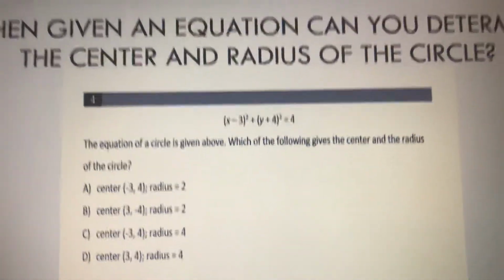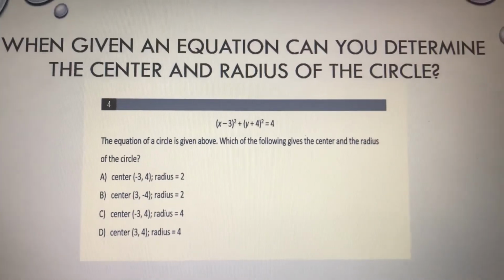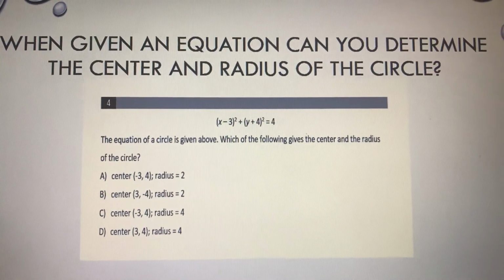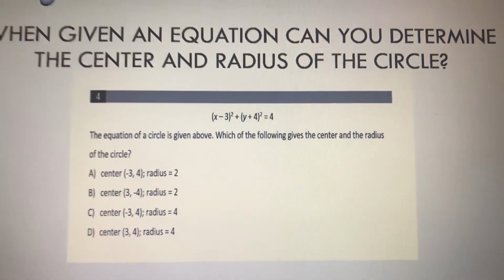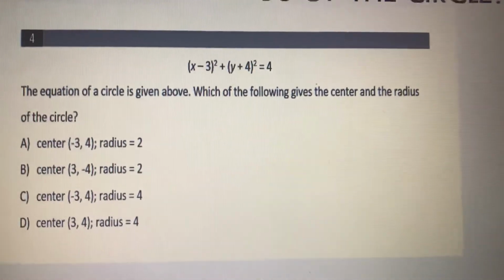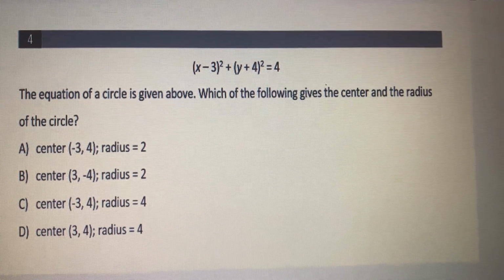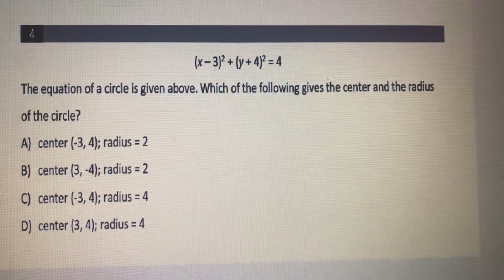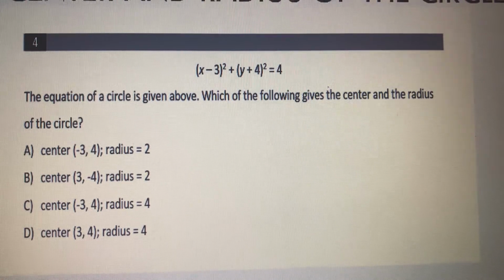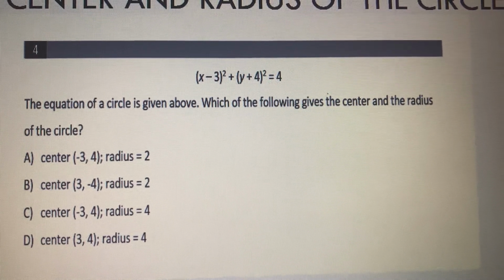All right, here's another example. When given an equation of a circle, can you determine the center and radius from that circle? This one here: (x - 3)² + (y + 4)² = 4. Let's look at the h and k first. You have a negative 3 at the top and a positive 4.